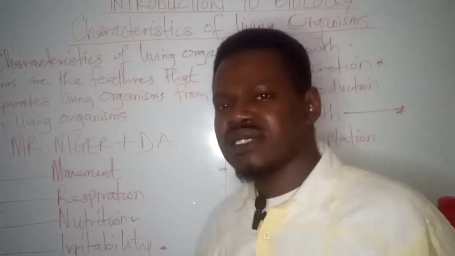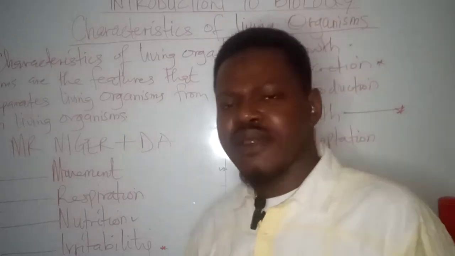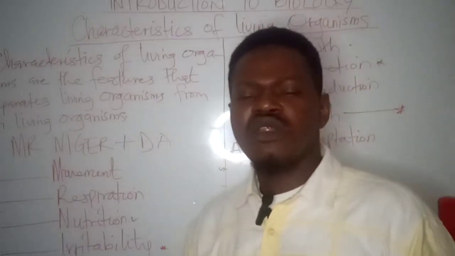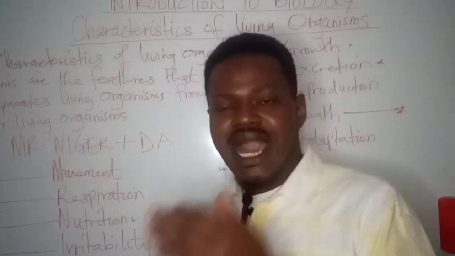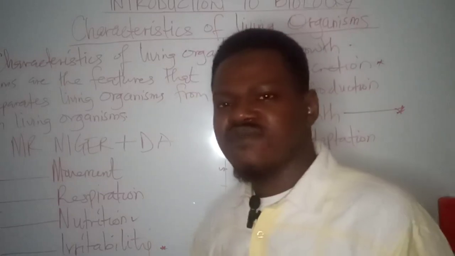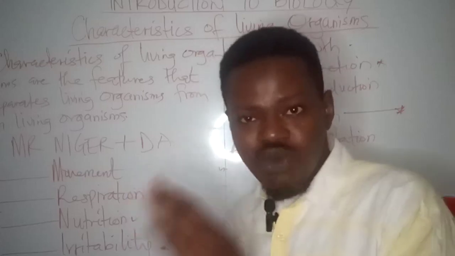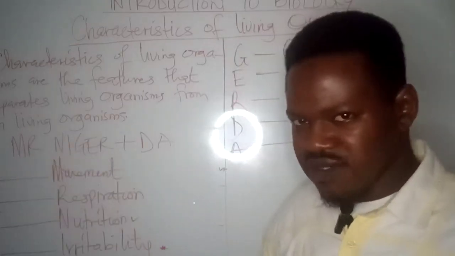Those that are biennials, they live for 2 years, or let's say 2 seasons. Then those that are perennials, they live for a longer period of time, running into hundreds of years and even thousands of years. So unlike animals that do not have such extended period of years to survive, plants, particularly the perennials, they live for extended period of years.